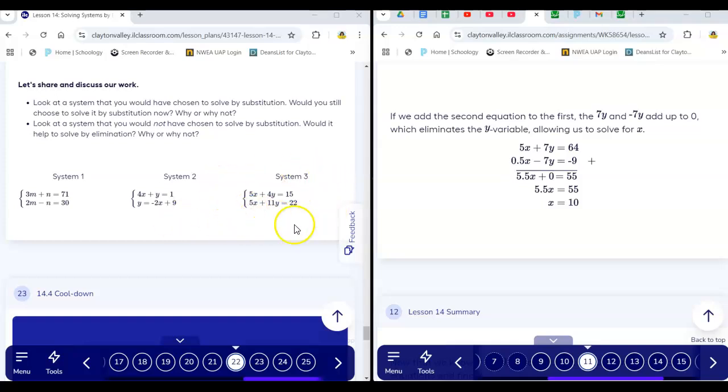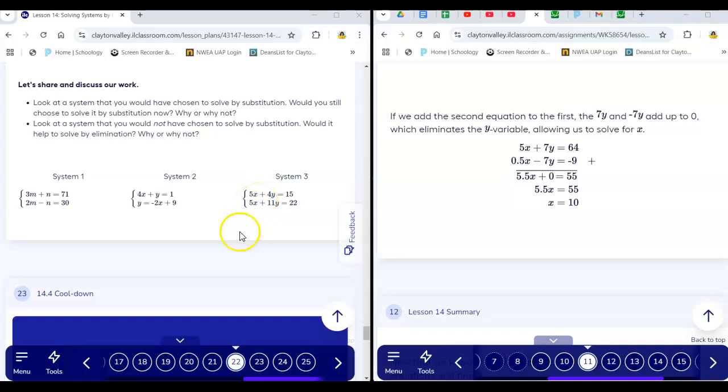And then lastly, look at this third system and ask, what would happen if I added these two together? Could I solve it? Or should I go for substitution, where I could isolate the 5x and take what I would have left, 22 minus 11y, and just drop it in place of the 5x?